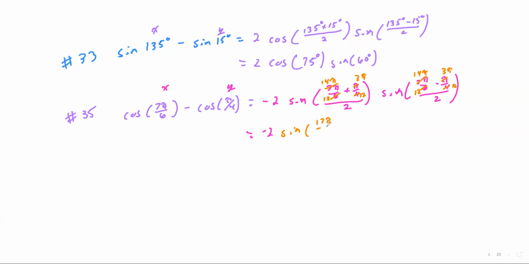But when you keep change flip, that becomes 24. And then you get sine. 14 minus 3 is 11 pi over 12, but then keep change flip, you get 11 pi over 24. And again, we don't even know what this answer would be, but you would leave it like this as well.